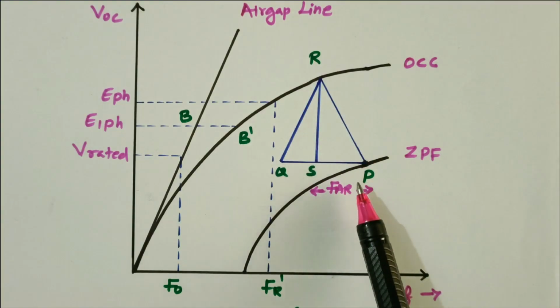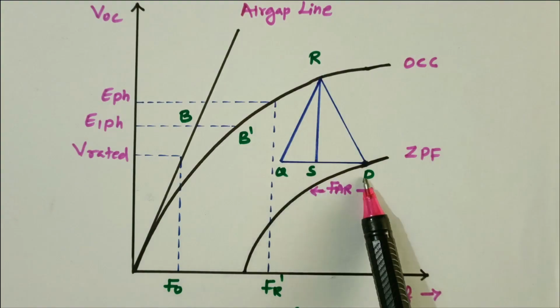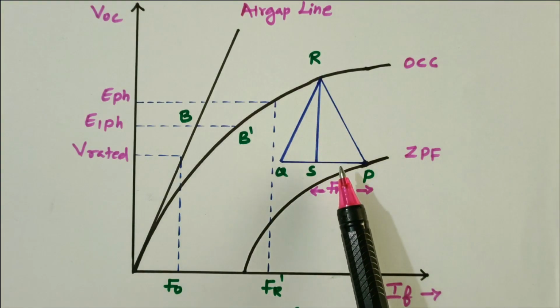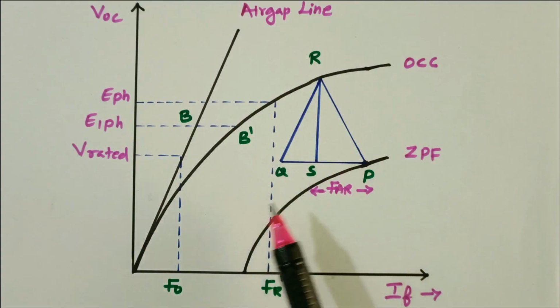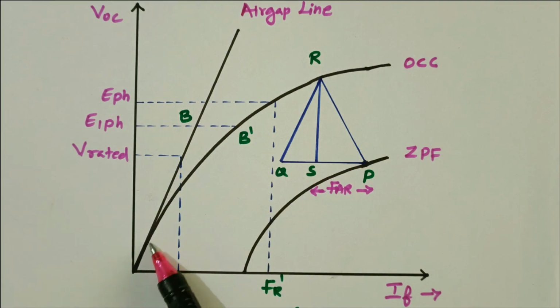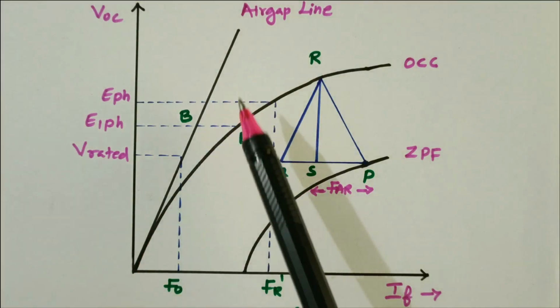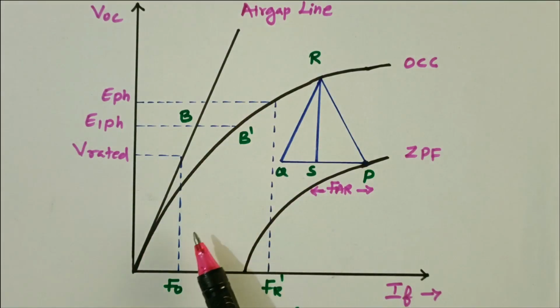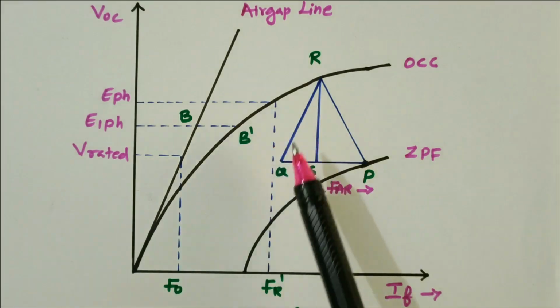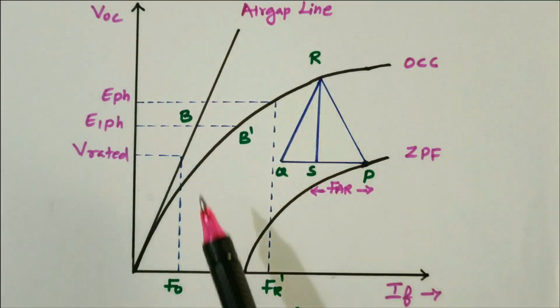These are all separate videos. Then we have to draw the air gap line. The air gap line is nothing but the tangent of the OCC curve. Right. So first we have to draw the OCC curve, ZPF curve, Portier triangle, then the air gap line.